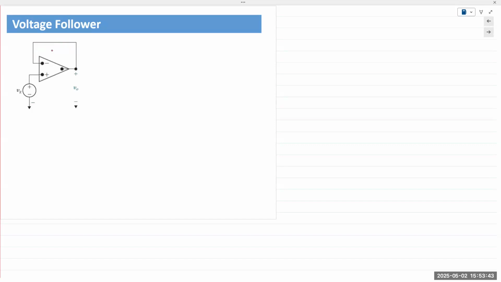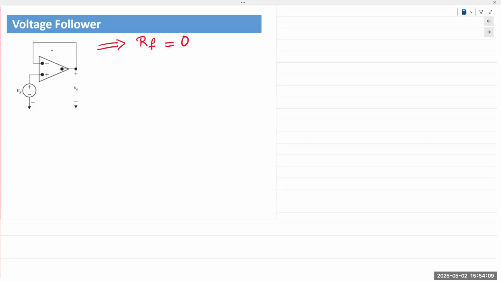Okay. So essentially, the feedback resistor RF is equal to 0. Feedback resistor is equal to 0. And we are applying our input signal to the non-inverting terminal.